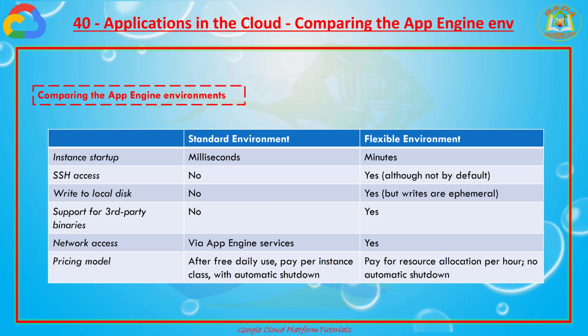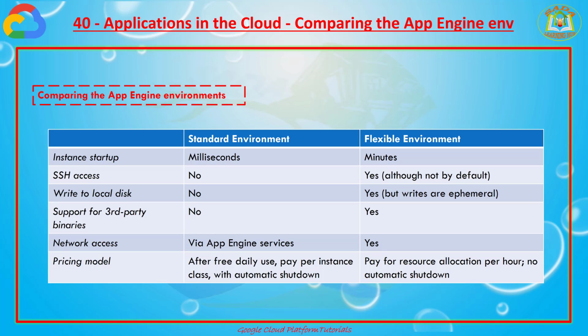It lets you use the local disks for scratch space, it lets you install third-party software, and it lets your application make calls to the network without going through App Engine. On the other hand, the standard environment's billing can drop to zero for completely idle applications. You don't need to pay anything for the standard environment when idle. Why? Because in the standard environment we have daily free usage.